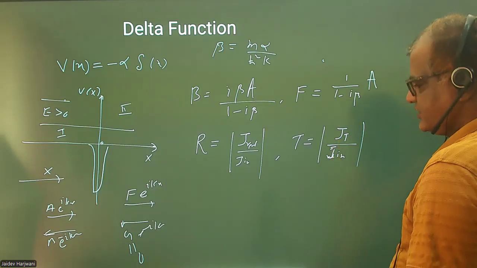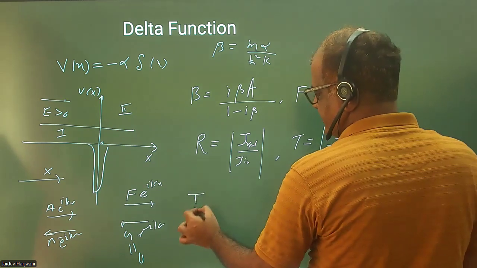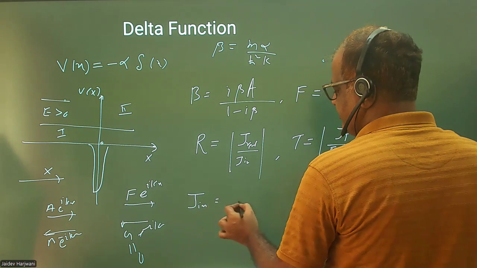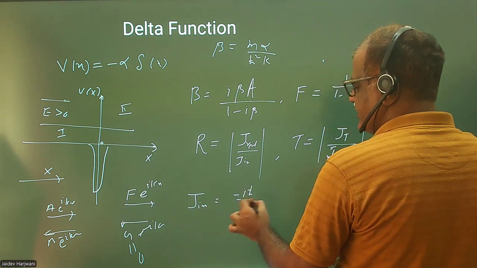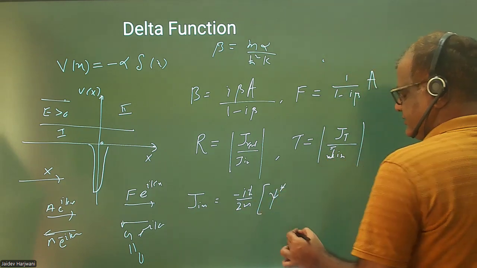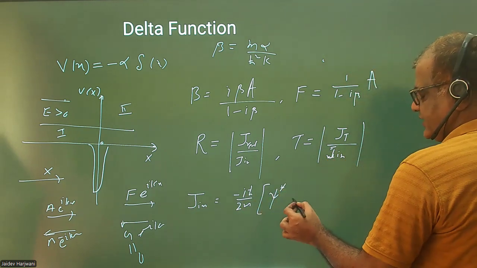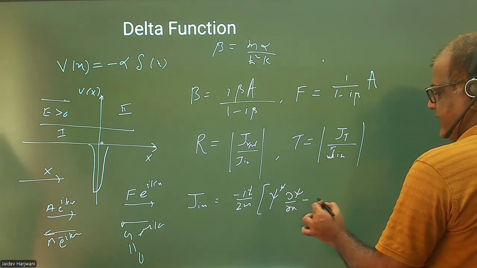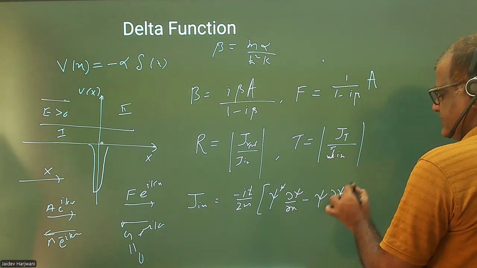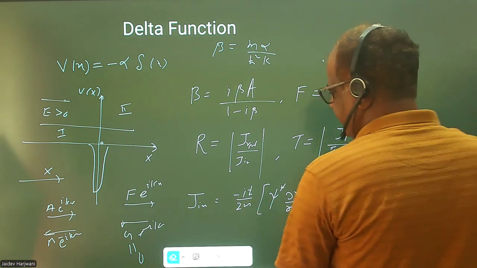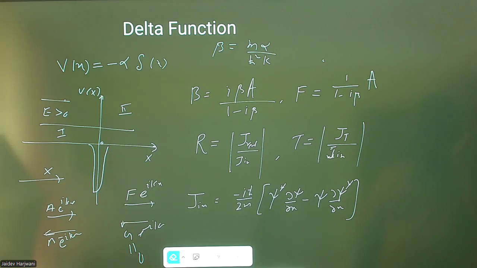And now what is the equation for J? Suppose I want to find J incident. The equation is J equal to minus iota h cut upon 2m, psi star del psi upon del x minus psi del psi star upon del x. From here, I can find J incident.